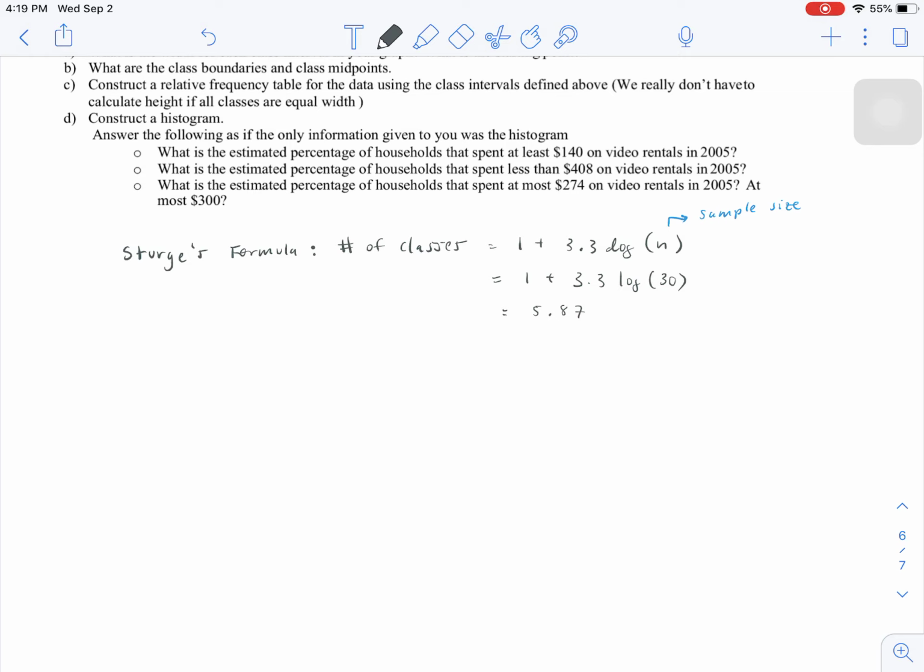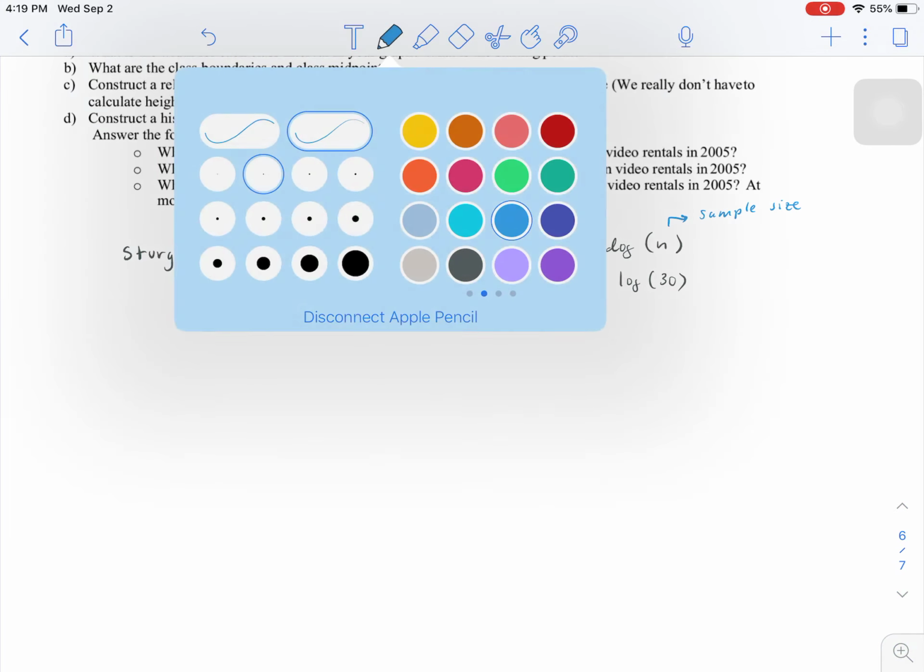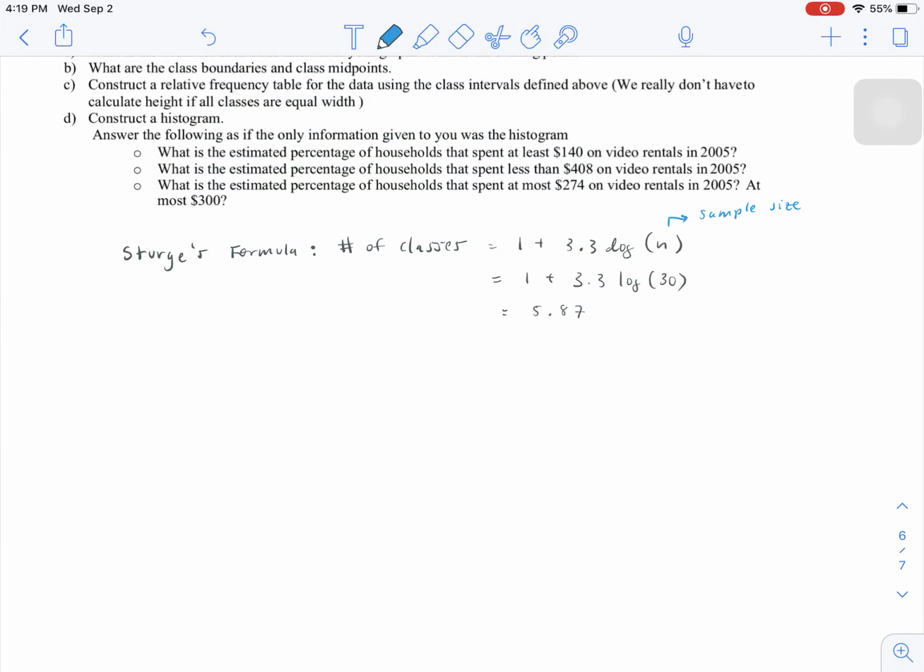Well, that doesn't quite make sense, because how do I do that last 0.87th of a bar, right? So anytime we use Sturge's rule, we always want to round up to the next integer. We always want to round up. So in other words, we should have 6 classes.